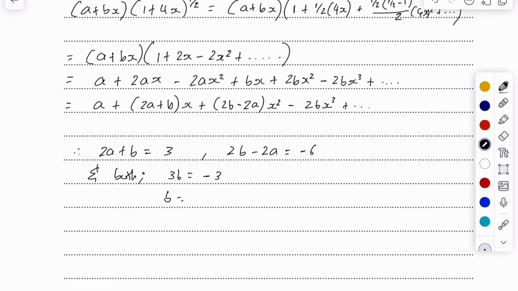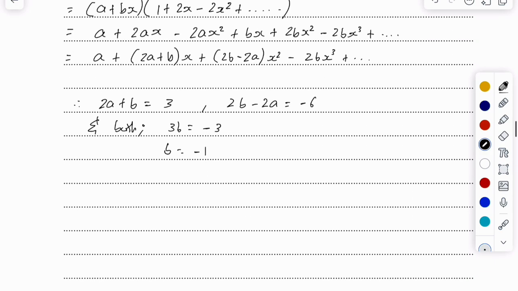So therefore b is equal to negative 1. So 2a minus 1 is going to equal 3, and therefore a is equal to 2.